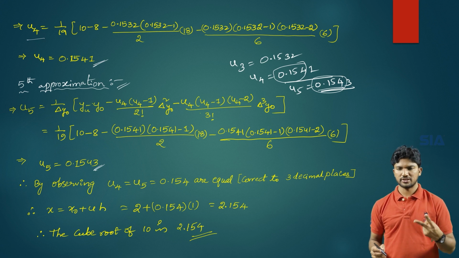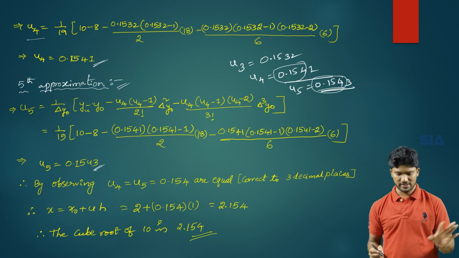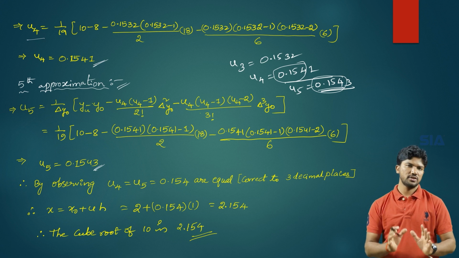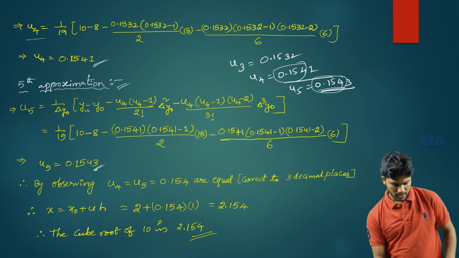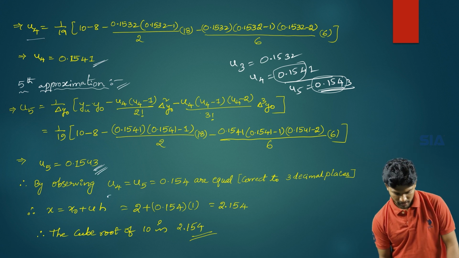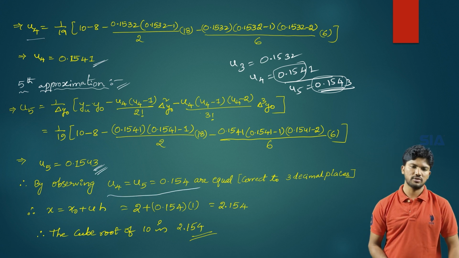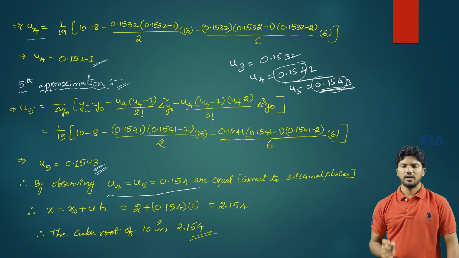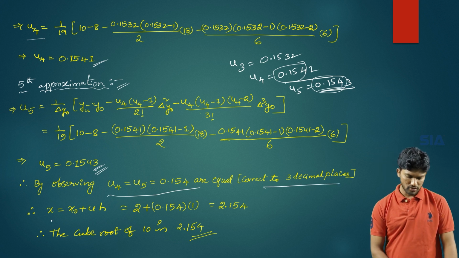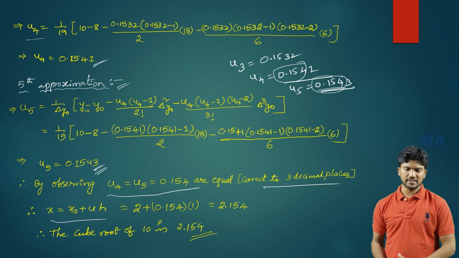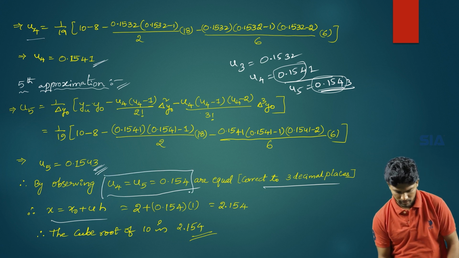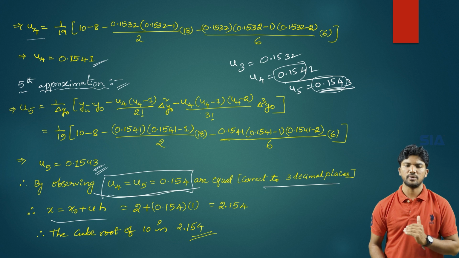So we can stop the approximation process at u suffix 5. Therefore u4 and u5 are equal, 0.154, correct to 3 decimal places, and that is taken as the small u value.